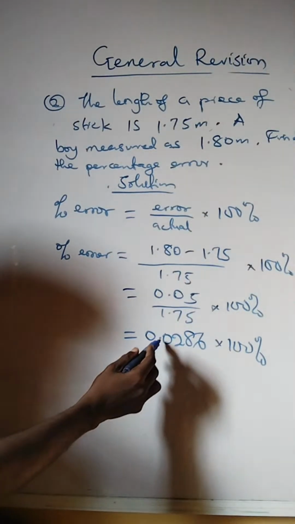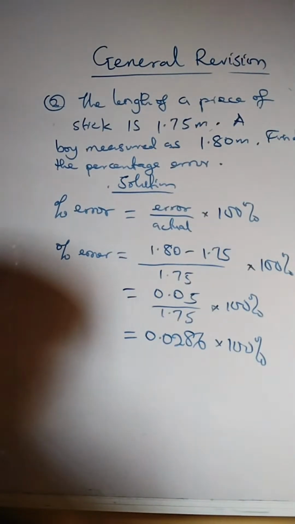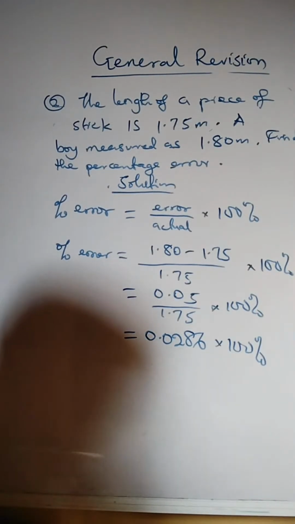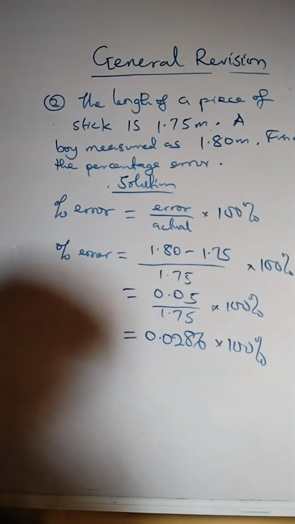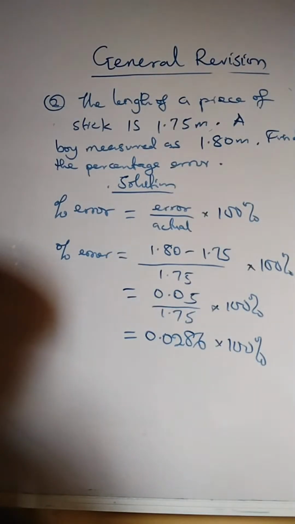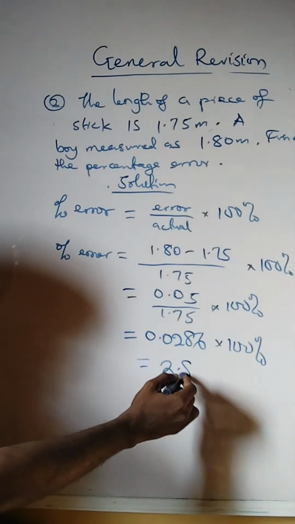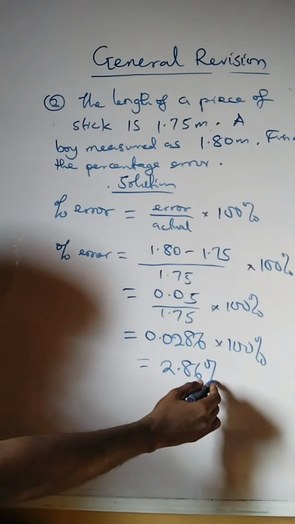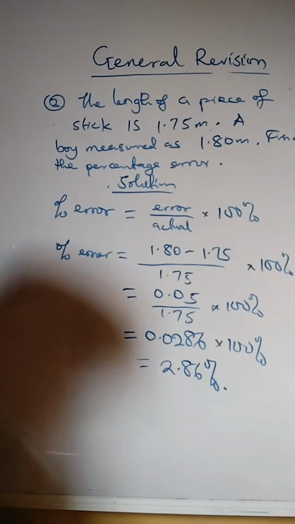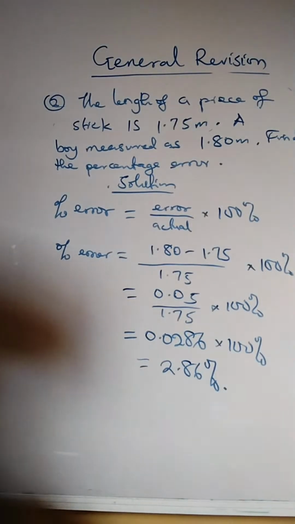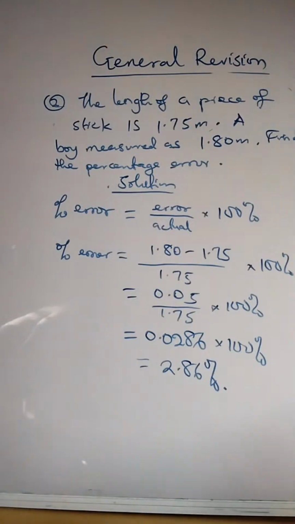So this gives us 2.86 percent. So that is what we have there, and that is how to get percentage error. Now let's look at another question here.